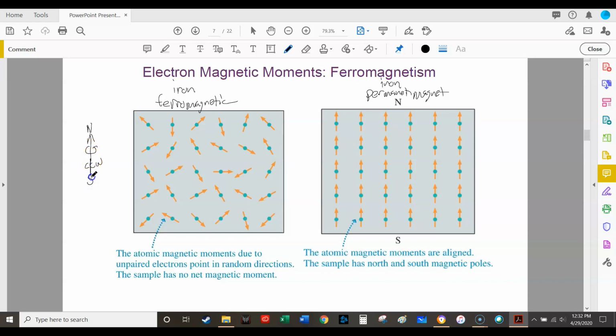So this guy is rotating counterclockwise, and all of these little guys are rotating counterclockwise, and they're all pointed in the same direction.